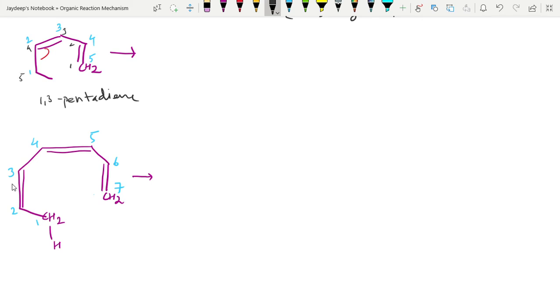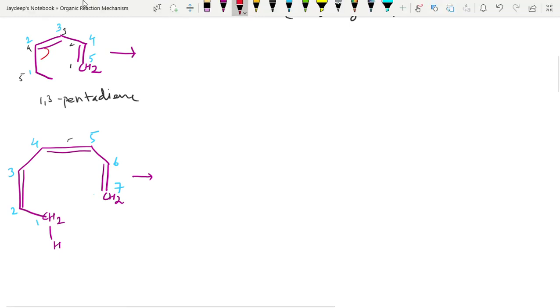So don't be confused by the numbering: the blue numbering is for the sigmatropic rearrangement, while the black numbering is for the IUPAC nomenclature system.